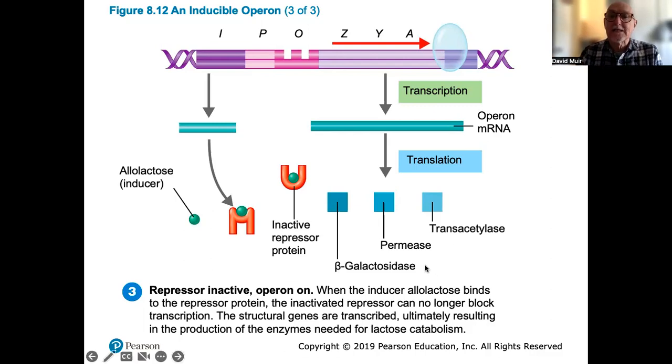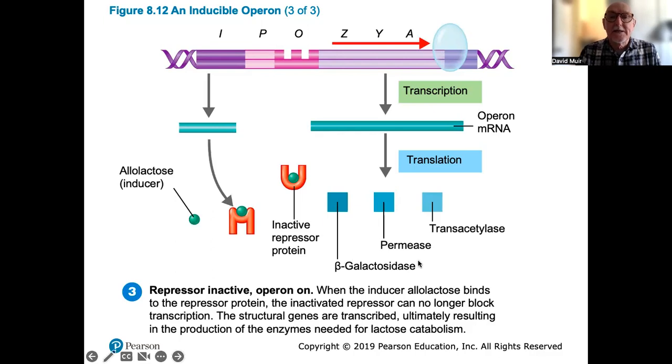So beta-galactosidase is a really important gene. We won't discuss it in much detail, but if you go on to do cell biology, you'll learn that testing for beta-galactosidase is one of the ways that we mark genes during genetic engineering.